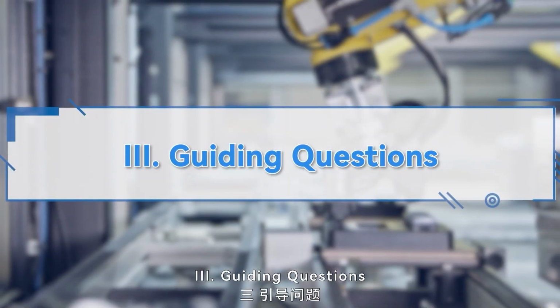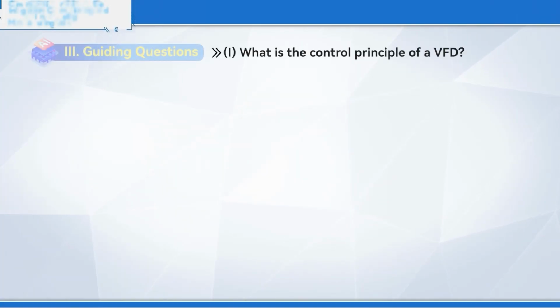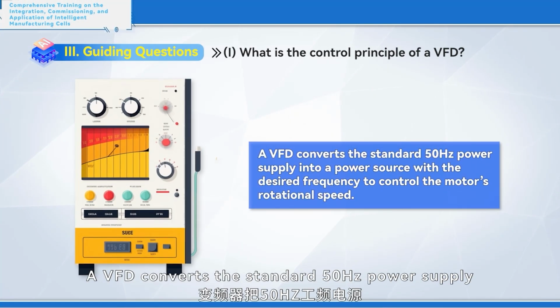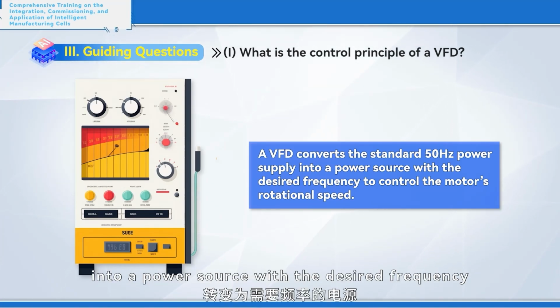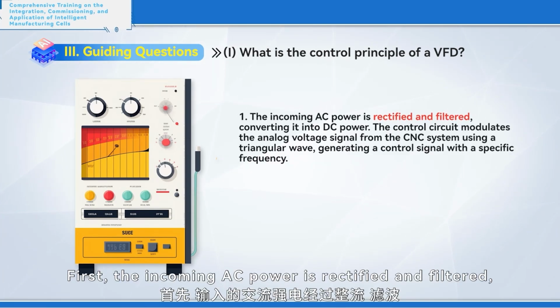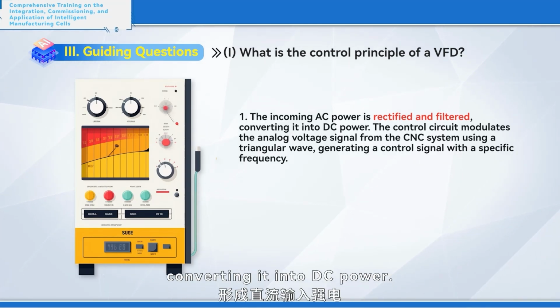3. Guiding questions. 1. What is the control principle of a VFD? A VFD converts the standard 50 Hz power supply into a power source with the desired frequency to control the motor's rotational speed. First, the incoming AC power is rectified and filtered, converting it into DC power.